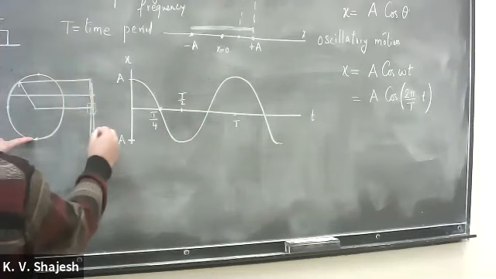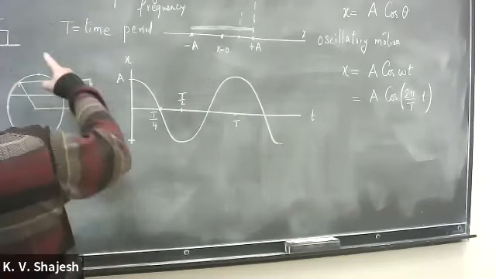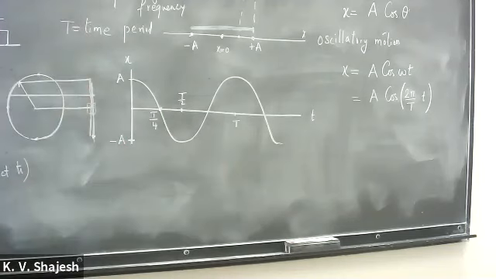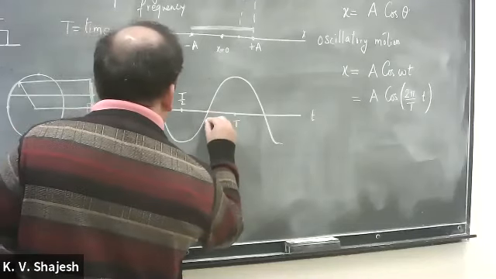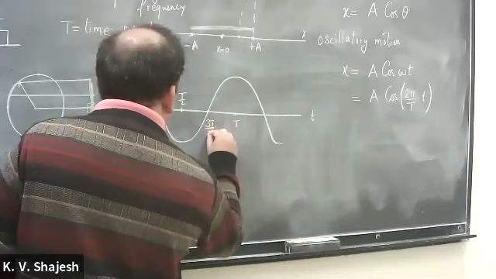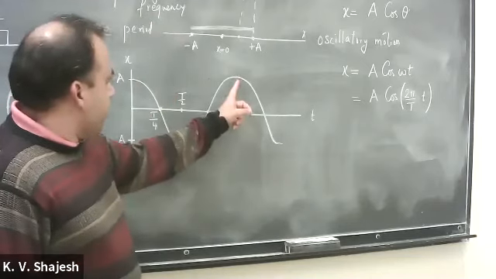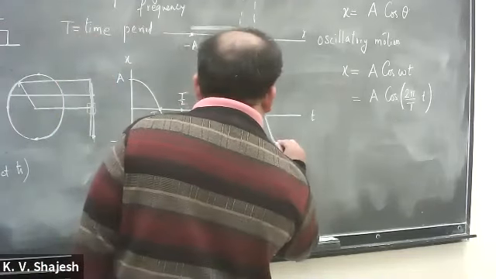It is at the extreme negative position. Then as you complete the rest of the circle, it starts going in the upward direction, and this is 3T by 4 before the time period. Once you finish the whole circle, it reaches here and keeps repeating again.